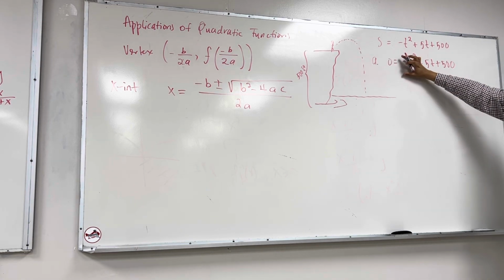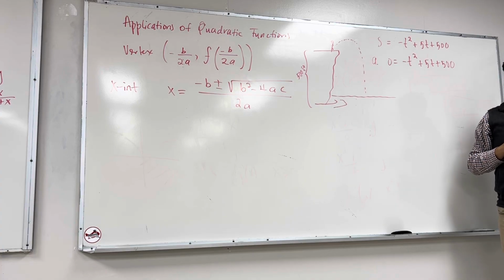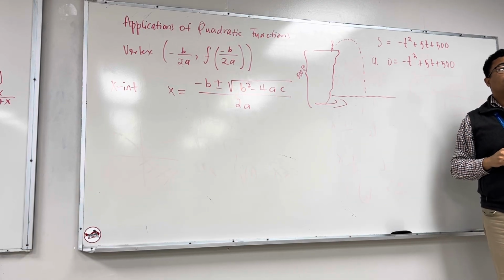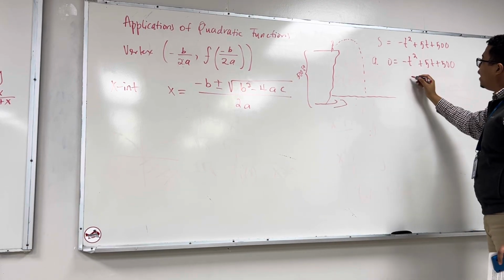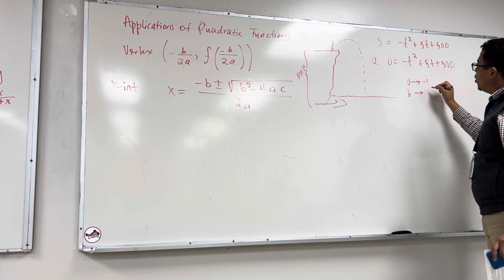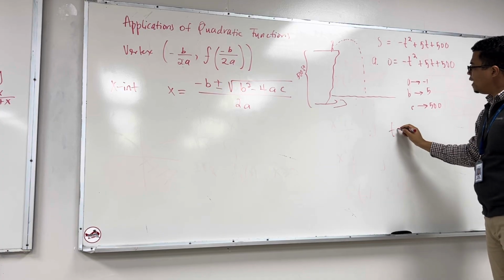Now, this is a beautiful quadratic equation that we can definitely work with. Using the quadratic formula, we can go ahead and find what the values of t are. What's A, guys? Negative T squared, so -1. What's B? 5. And what's C? 500. So we say, well, T is equal.